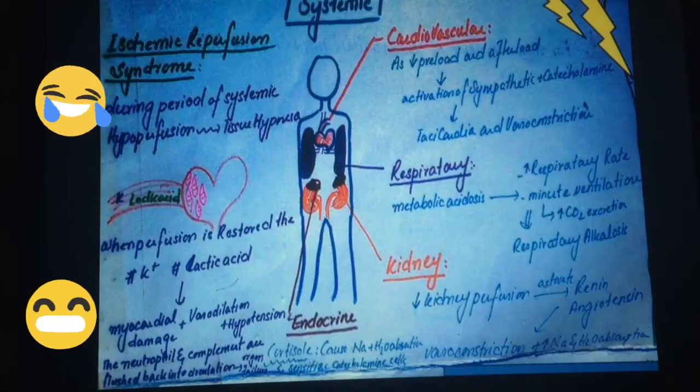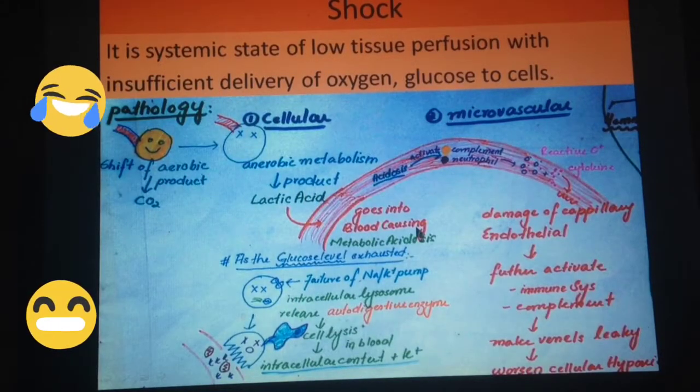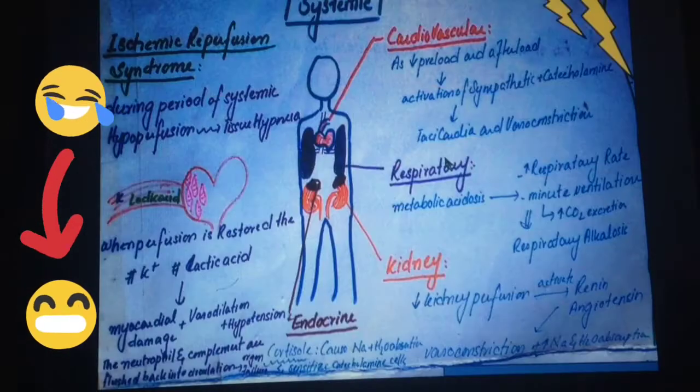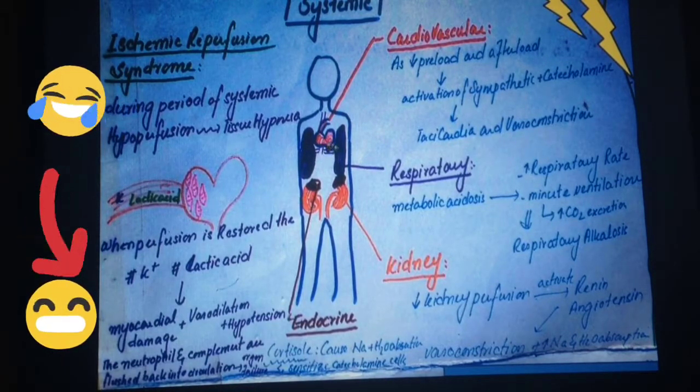So it affects various organs, such as in the cardiovascular system. Because all of the fluid is leaked out from the circulation into the tissues, there is an insufficient amount of blood in the circulation, which decreases the blood return to the heart, resulting in decreased preload. If there is no blood present in the heart, obviously it will pump out less, meaning decreased afterload.